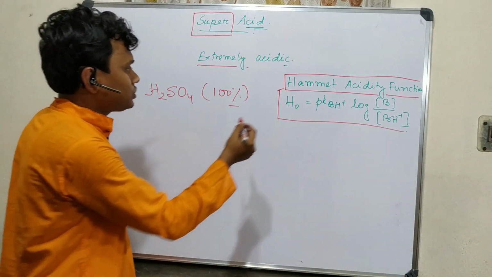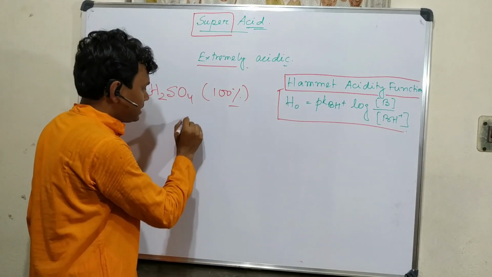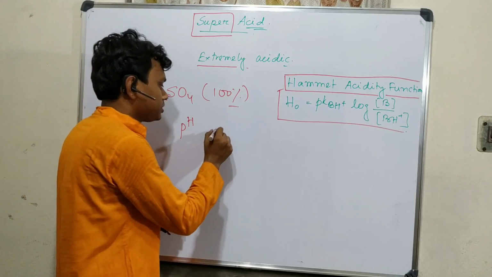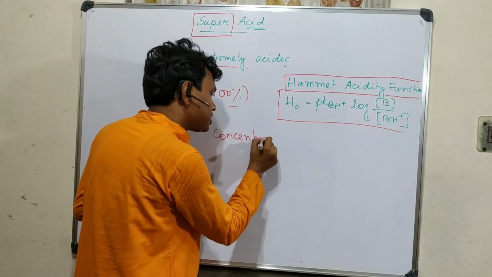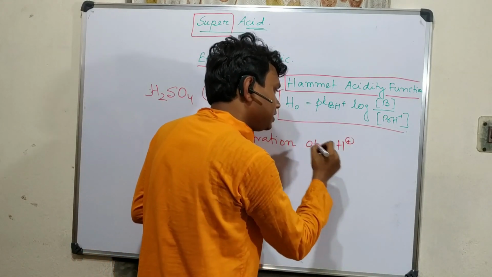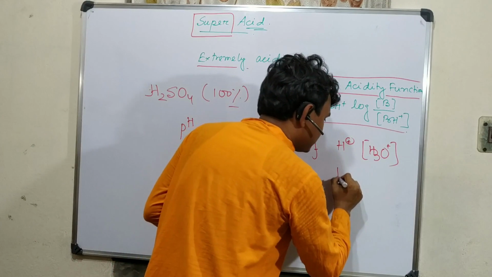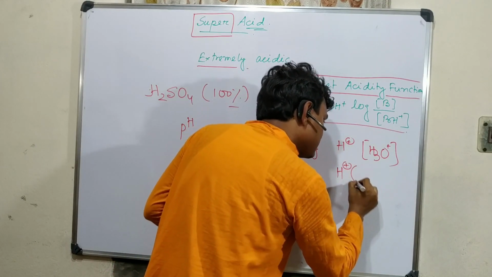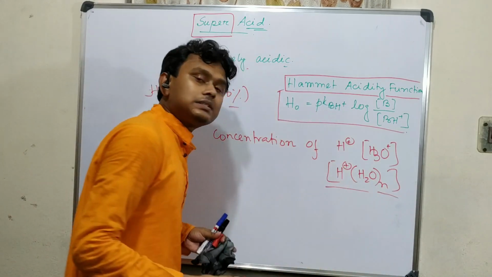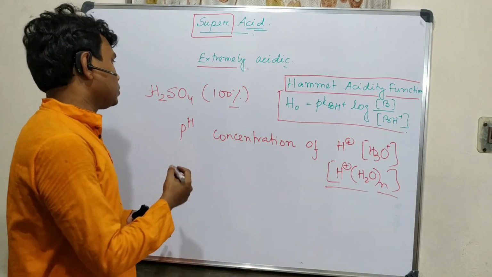In case of weak acids or aqueous solutions, we consider pH. pH indicates the concentration of H plus in solution, or more specifically H3O plus, or more accurately H plus solvated with n water molecules. Strength depends on the extent of dissociation of an acid.